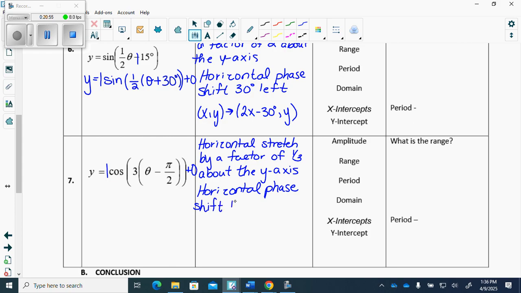We could say pi over 2 radians if we wanted to, so. Or units, doesn't matter. Radians, which way? Right or left? So our mapping is x, y becomes 1/3 x plus pi over 2 comma y.